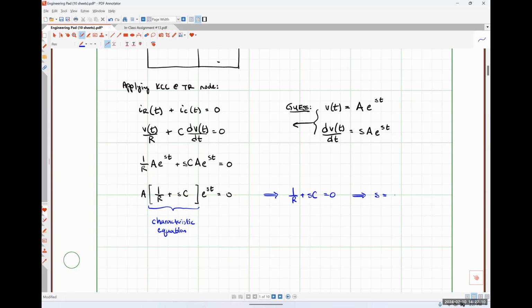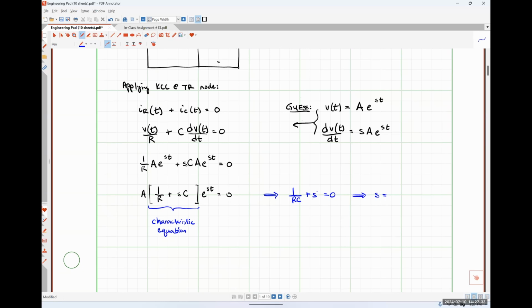Not quite, right? So let's play around with this really quickly. So if I divide both sides by C, that'll give me a factor of 1 over RC plus s is equal to 0, because 0 divided by C is still 0, right?